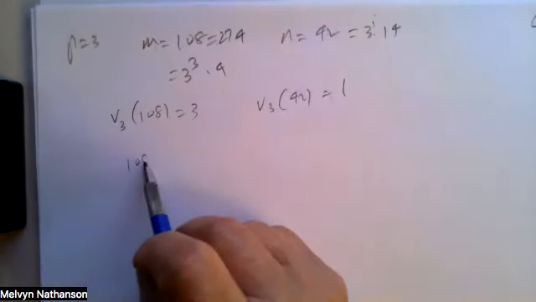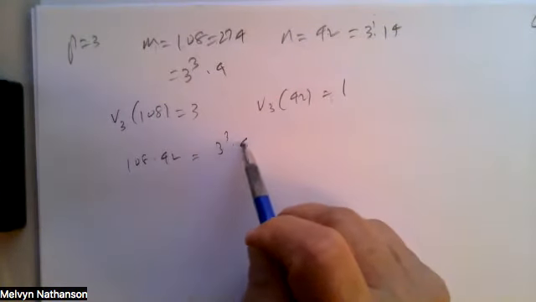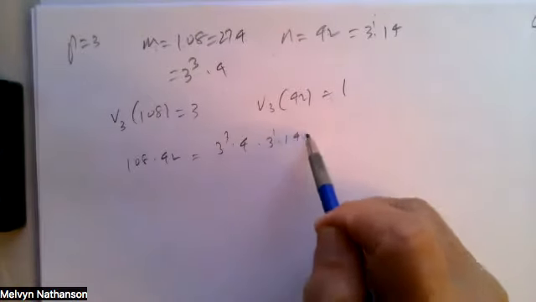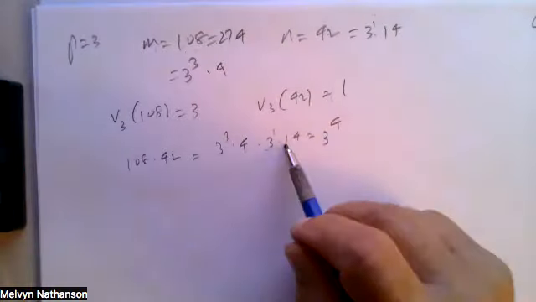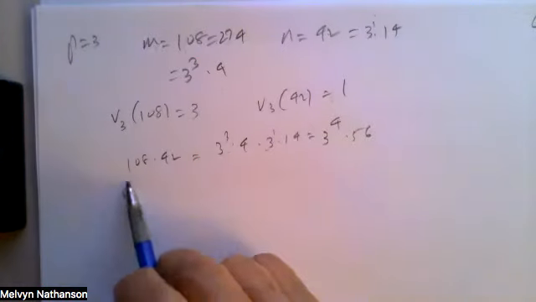What about 108 times 42? That's 3 cubed times 4 times 3 times 14. 3 cubed times 3 is 3 to the 4th. 4 times 14 is 56, which is not divisible by 3.